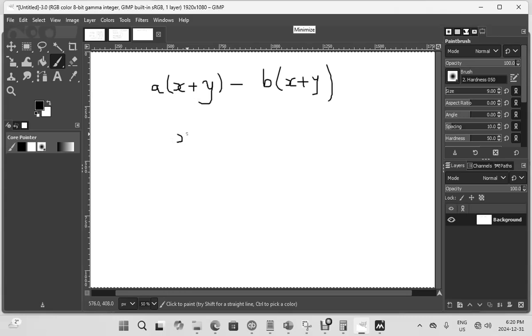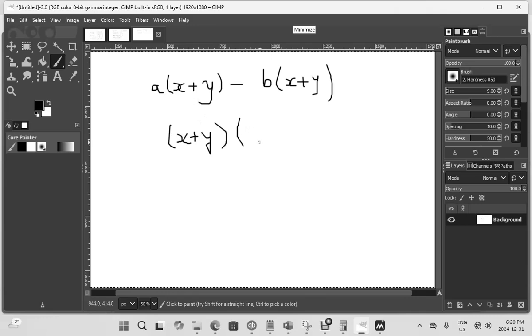So (x plus y) into, and you can even put a bracket around x plus y. The reason why you put the bracket is because you want to make sure that you multiply both x plus y to whatever's inside the bracket over here.